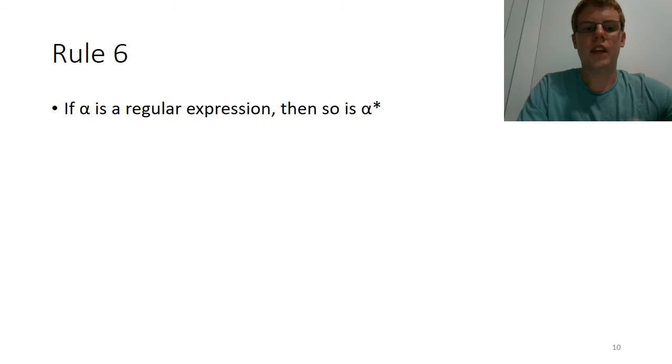Rule 6. If we have a regular expression alpha, then alpha Kleene star is also a regular expression.